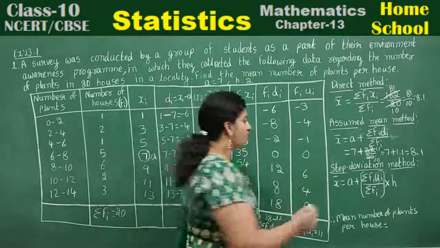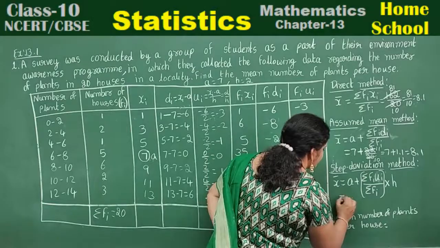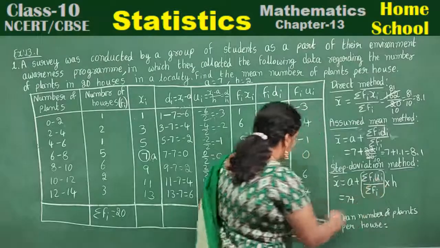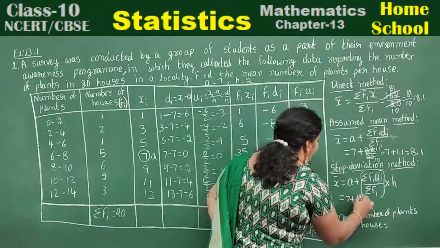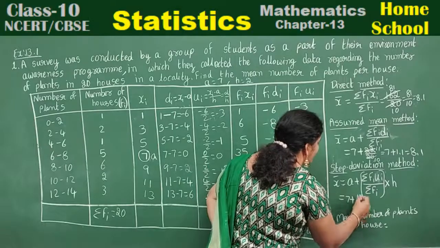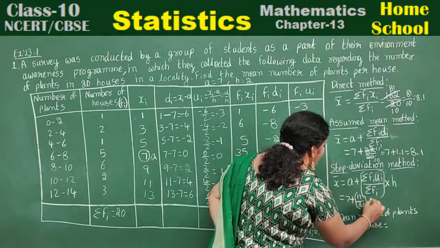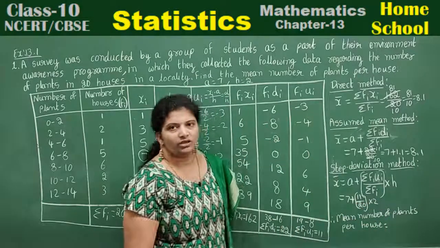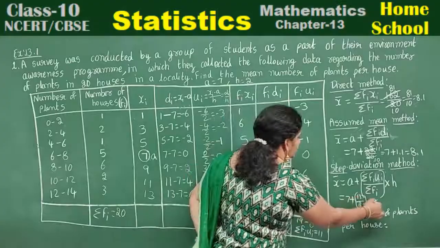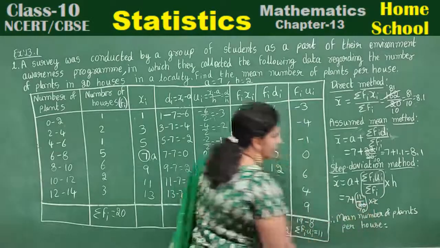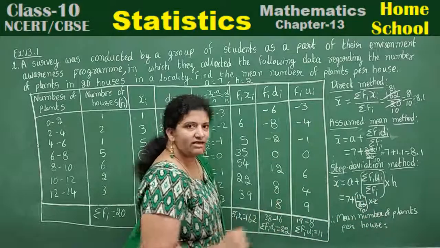Substitute in the formula. A value is 7. Summation FiUi value is 11. Summation Fi value is how much? 20. Put the brackets into 2. Now, look here, 2 tens are 20. What is 11 by 10?